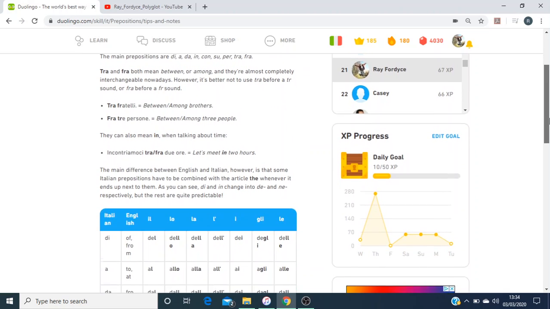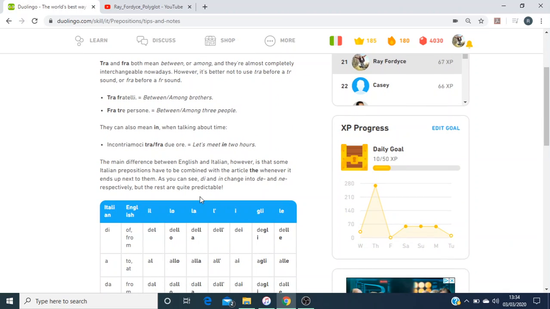So the main difference between English and Italian, however, is that some Italian prepositions have to be combined with the article the whenever it ends up next to them. As you can see, di and in change to de and ne, respectively, but the rest are quite predictable.